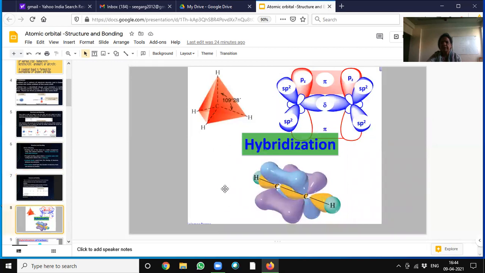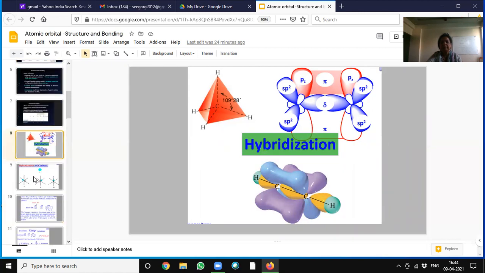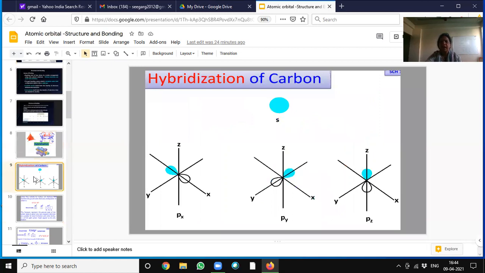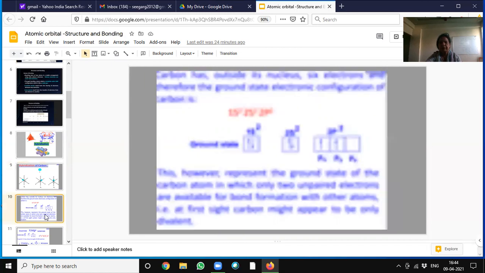Hybridization, see here how these orbitals are hybridizing. Hybridization of carbon, see here. Carbon is tetrahedral.